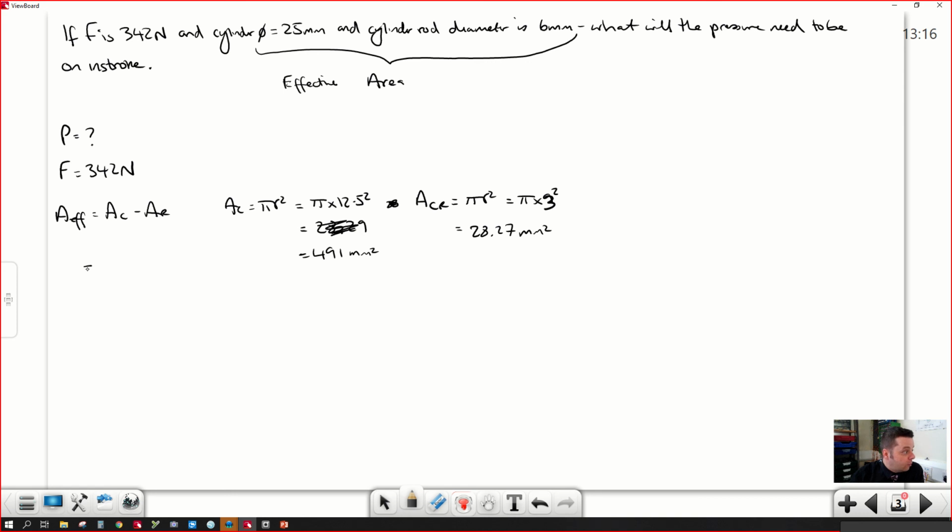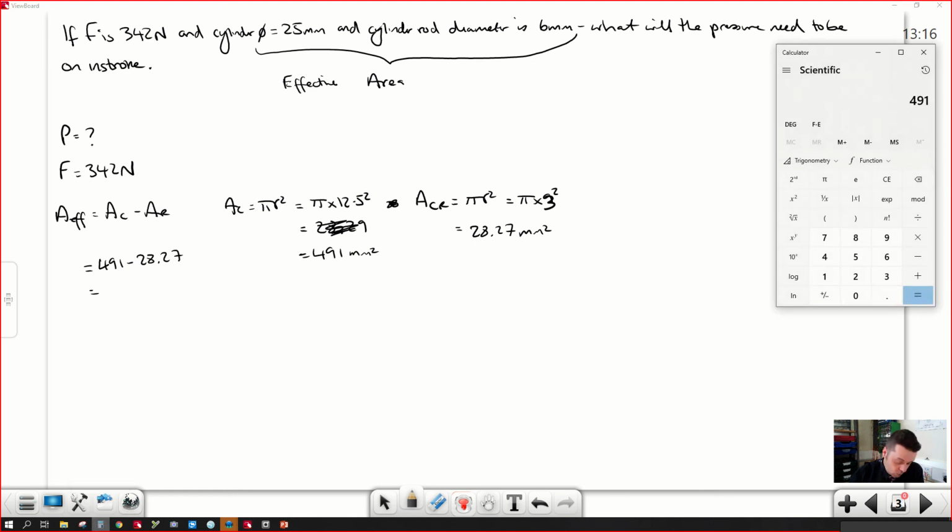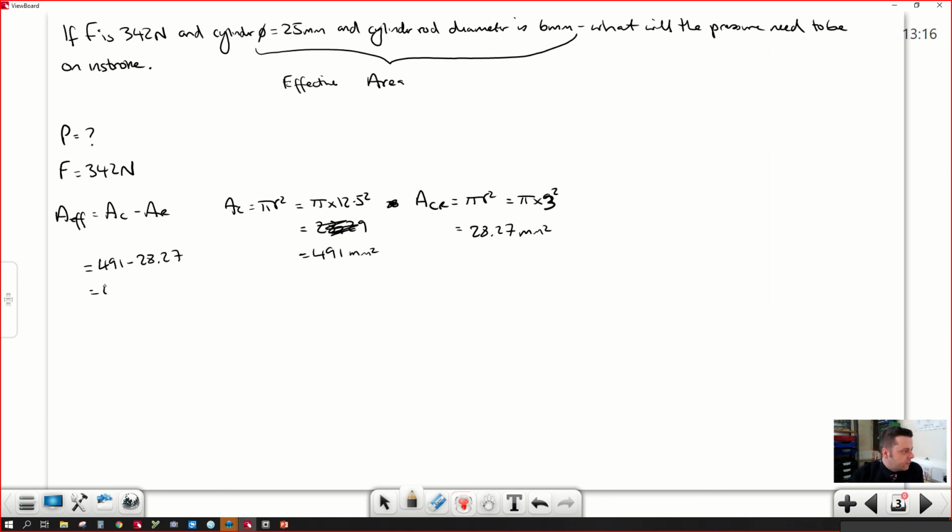So I can now work out my effective area given those two data points. That's 491 minus 28.27, which equals 462.73. And that's me got my area. So now I can work out pressure.